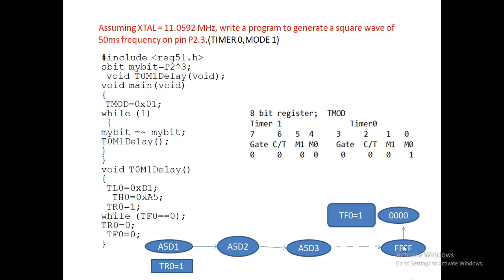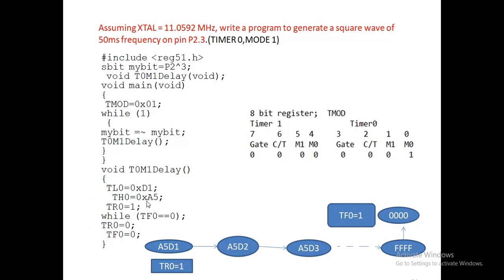Why? Because after overflow it is loaded with 0000. But what is the value you want to load to get the 25 millisecond delay? A5D1. So you have to load it: execute this delay function again, so D1 is loaded in TL0 and A5 is loaded in TH0. Earlier it was 0000.